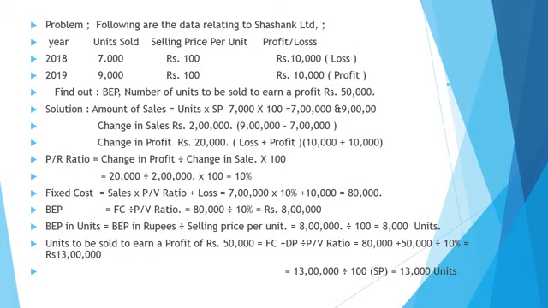So in both the problems we calculated BEP and also units to be sold in a different way. So you have to note down when 1 year loss is given, 1 year profit is given, how the problem is to be solved. When both the year profits are given, how the problem is to be solved. So be careful in applying the formulas.